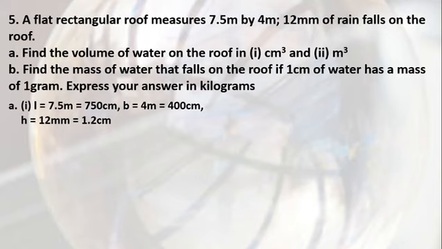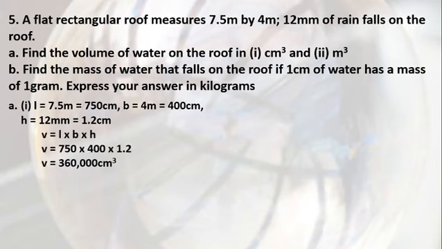So we multiply all three together. The volume, length times breadth times height, is 750 times 400 times 1.2, and our answer will be 360,000 centimeters cubed of water.